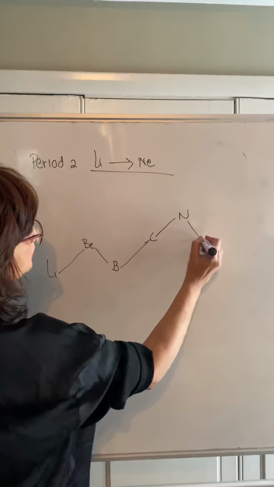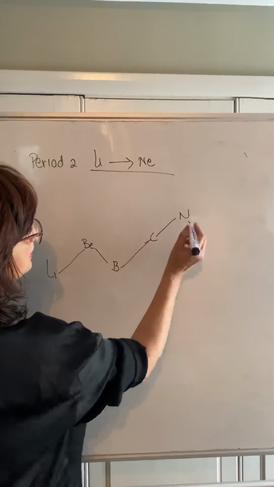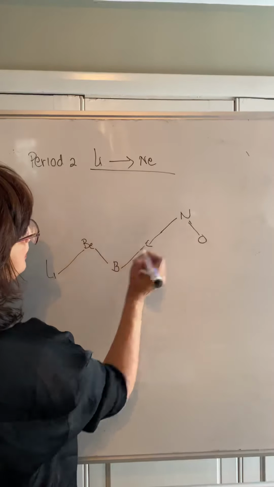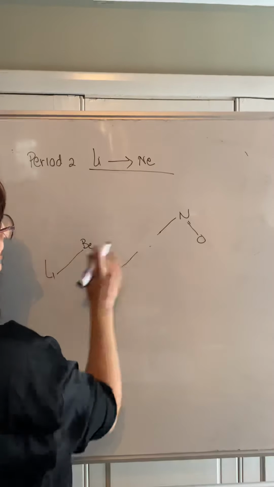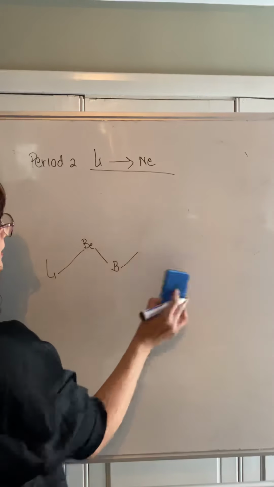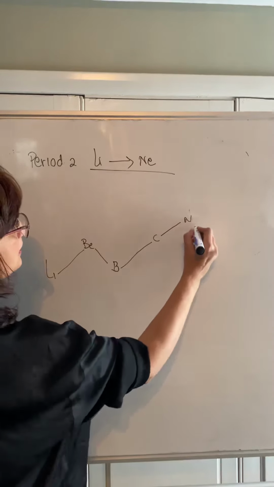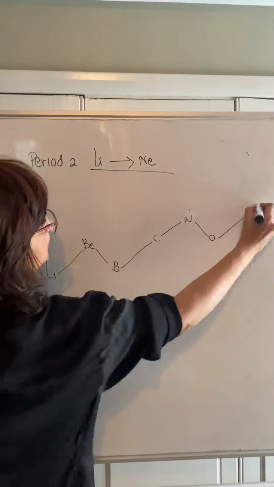Then it goes down to oxygen, the ionization energy goes down, and then it goes up to fluorine.